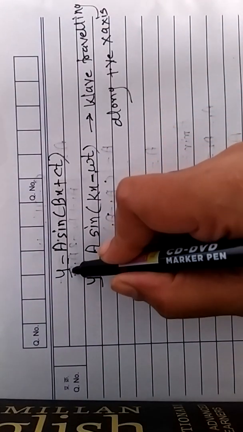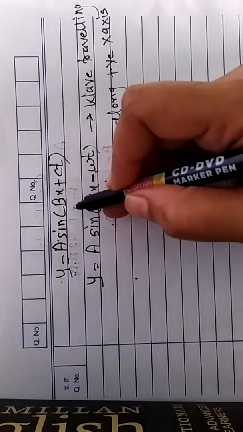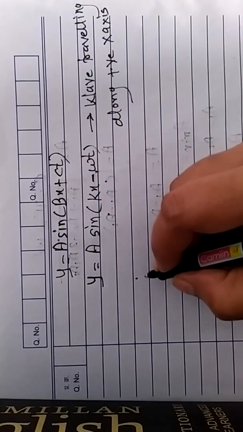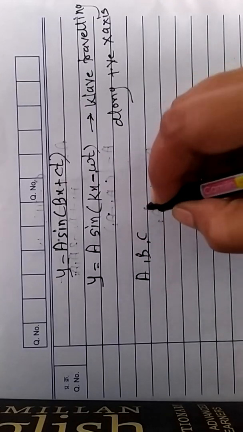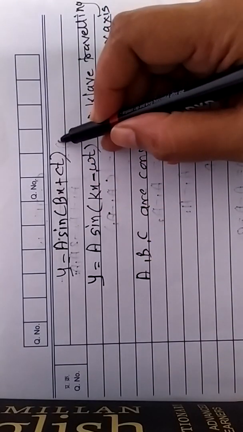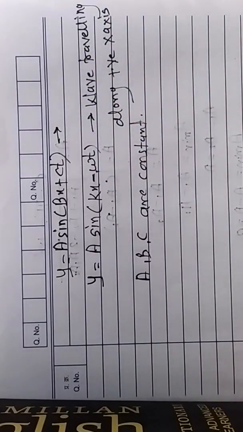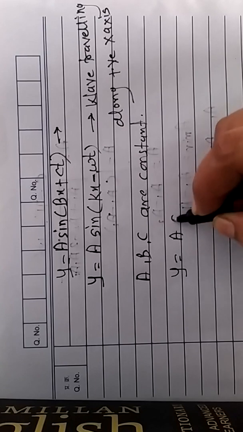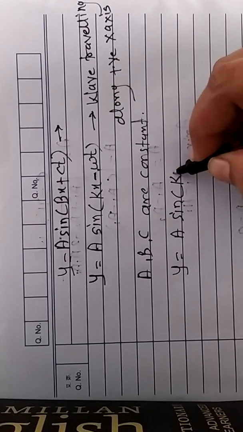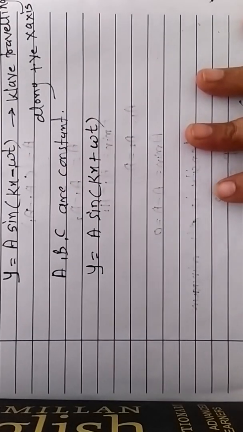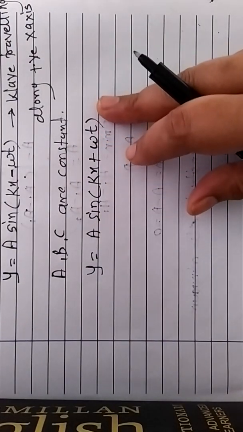Here the equation is given as y is equal to a sine of (bx plus ct), where a, b, c are constants taken as positive. Therefore, the equation is y is equal to a sine of (kx plus omega t).